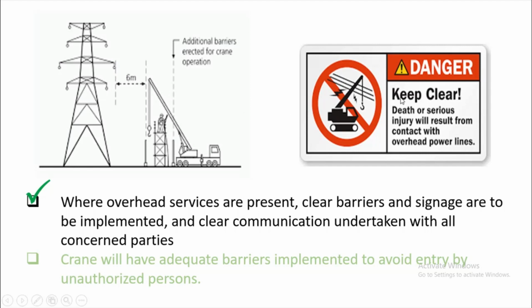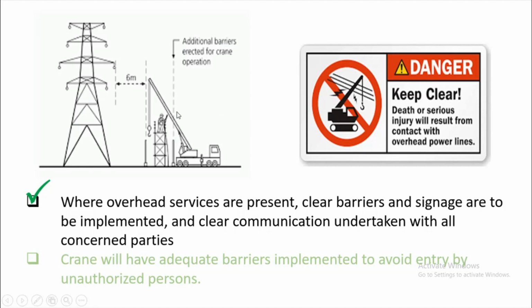And make sure also that you have signages in those locations. This is to remind our team that this area is prohibited. Any overlapping of the boom of the crane is prohibited.